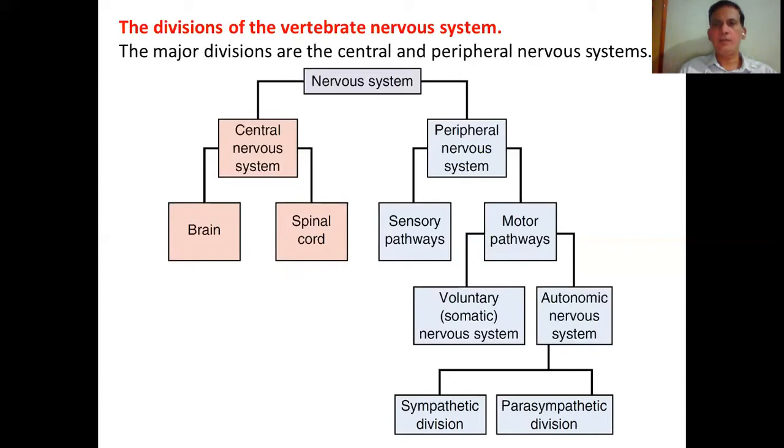Now these motor pathways can further be divided into the voluntary nervous system and the autonomic nervous system. Also, this autonomic nervous system can further be divided into sympathetic and parasympathetic divisions. So this is a brief outline of what the different components of the nervous system are and what it consists of.